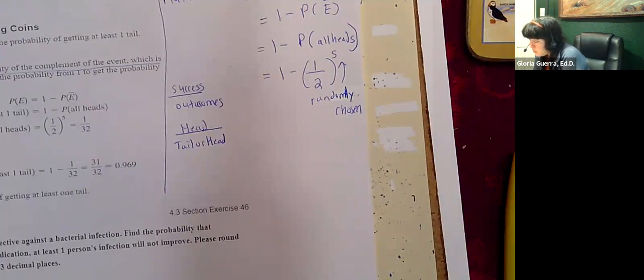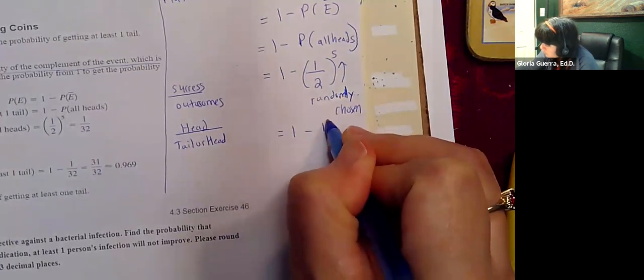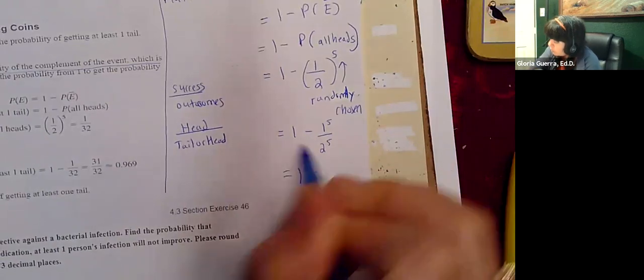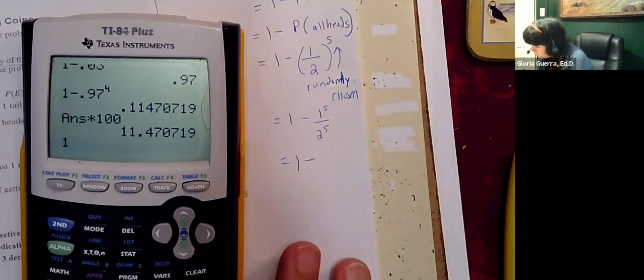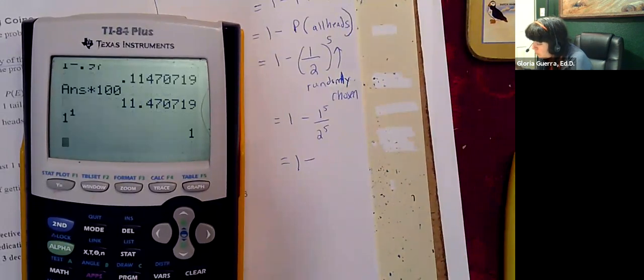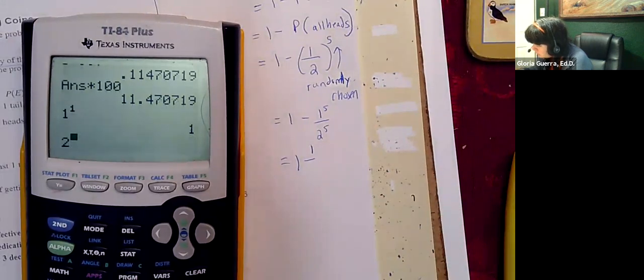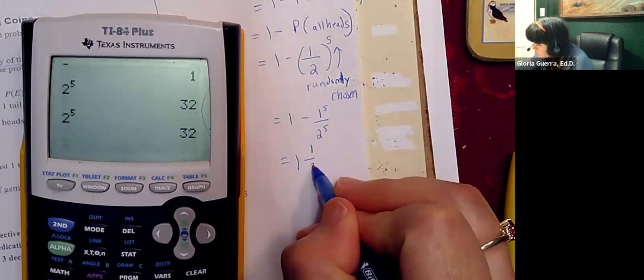And then we can use our calculator on this. So this is 1 minus 1 to the 5th over 2 to the 5th. 1 to the 5th is just 1. 2 raised to the 5th is 32.